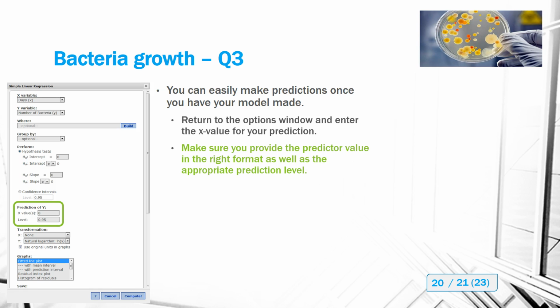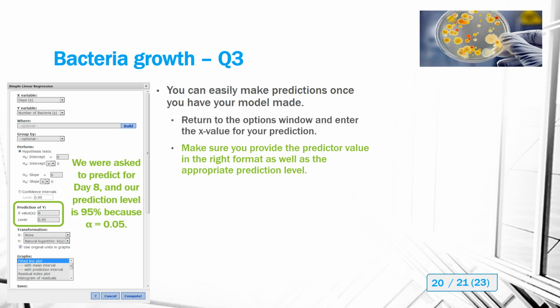So, if your X values are coded years, then you have to put in a coded year to make a prediction. If your model is, say, in units of 100 or 1,000, then you have to use those same units when you make the prediction so that your prediction will come out okay. Because, again, the model is only as useful as the data used to make it. And so the format of the data governs how the model gets to be used in the end.